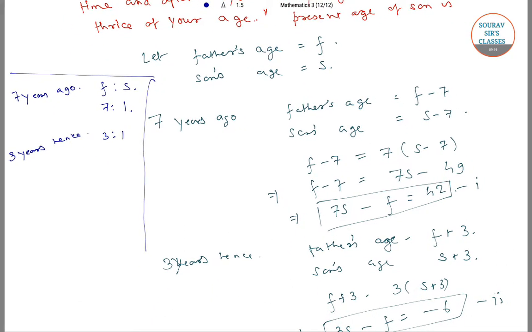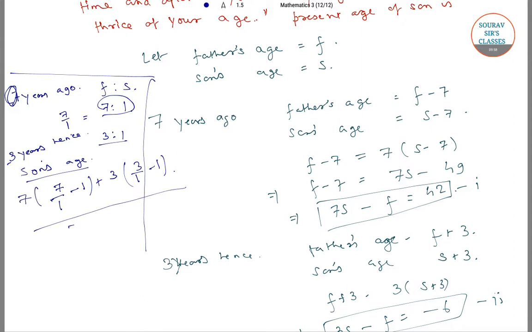So the formula for the age of the smaller person is 7 into (7 by 1 minus 1), which is 7 by 1, into 1, plus 3 into (3 by 1 minus 1), divided by (7 by 1 minus 3 by 1).